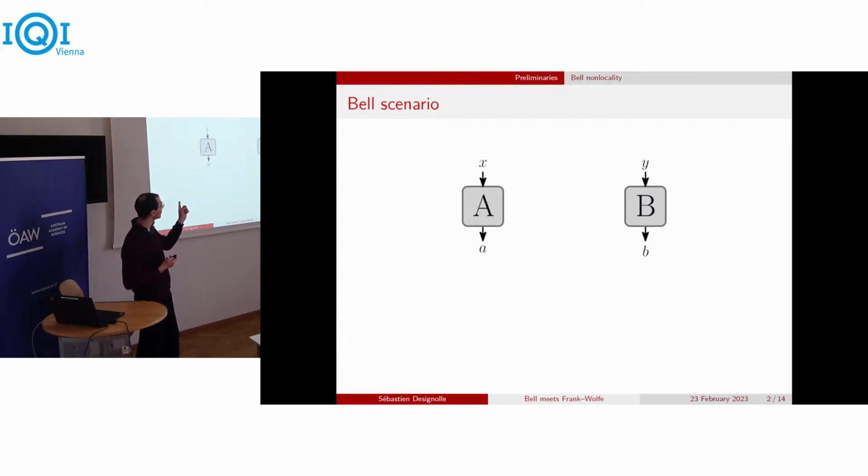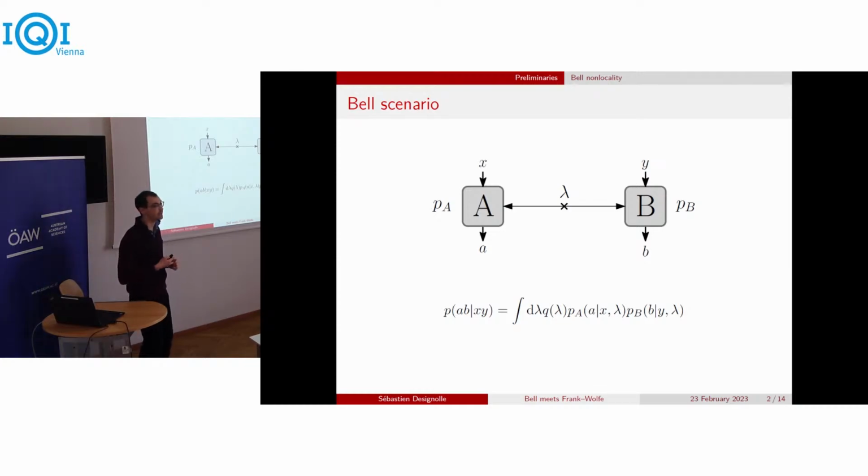Although I represent it here as a bipartite scenario, it's general for multipartite scenarios. By repeating this many times, with Alice and Bob getting questions X and Y and outputting answers A and B, you construct this probability, and depending on the strategy you're actually implementing, you have different probabilities available in this space of probabilities.